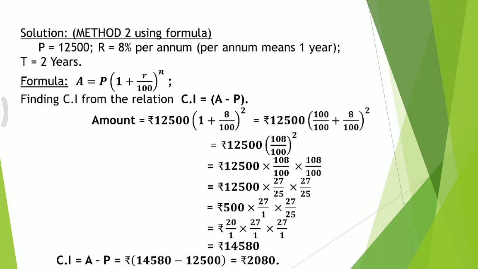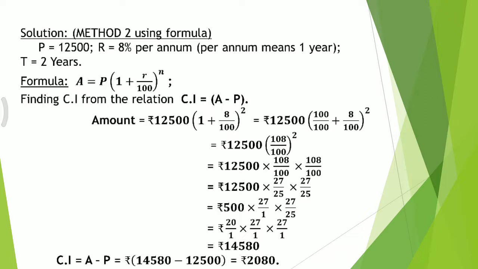We know the formula: A is equal to P into 1 plus R by 100 whole power n. Finding compound interest from the relation compound interest is equal to A minus P. So, amount is equal to 12,500 within a bracket 1 plus 8 by 100 whole power 2.